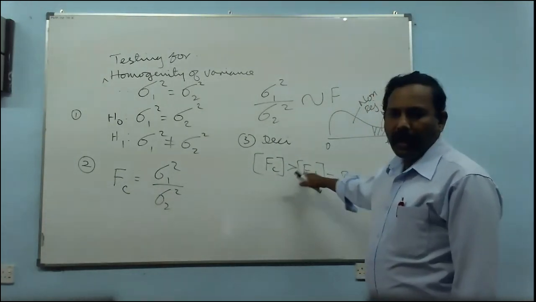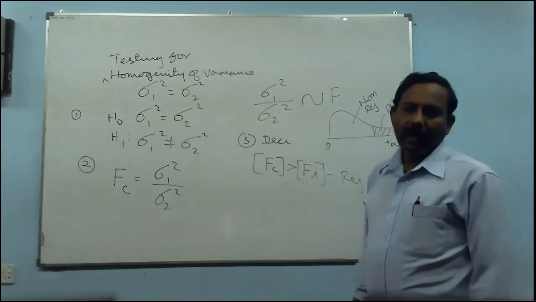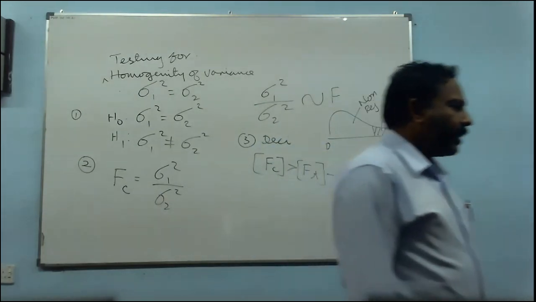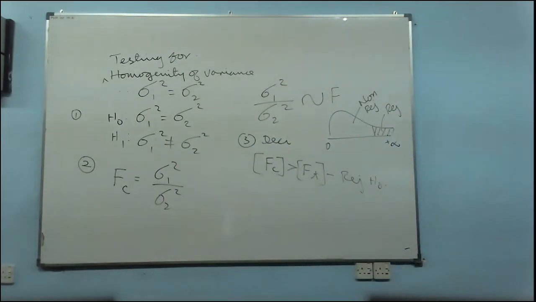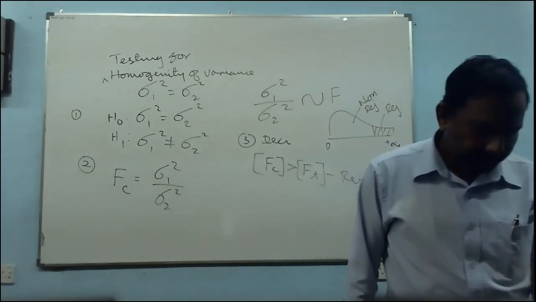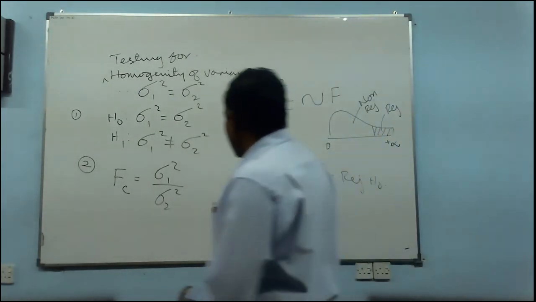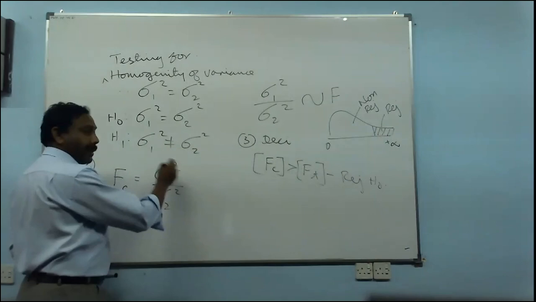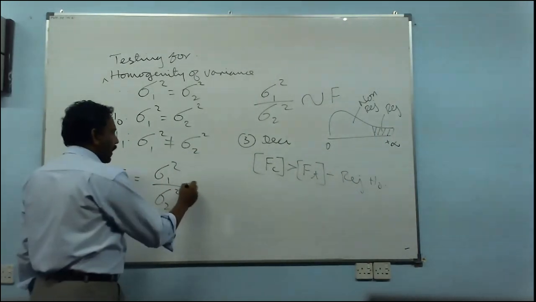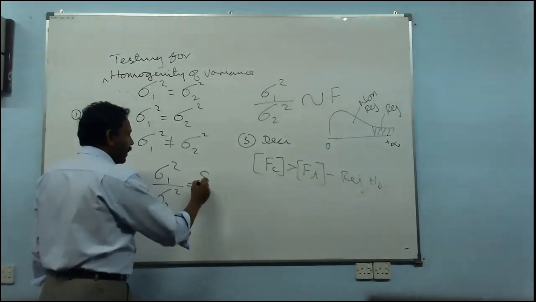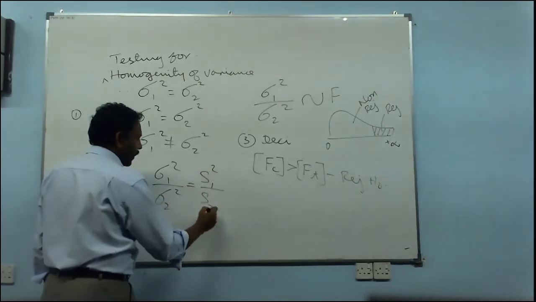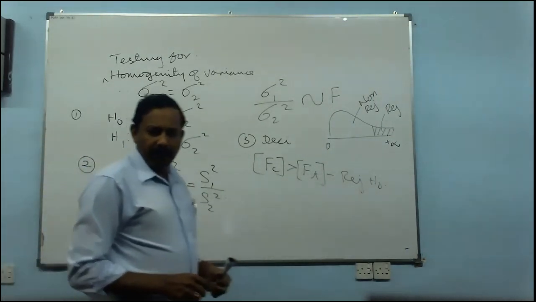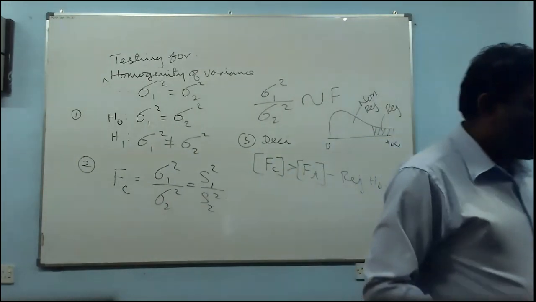So if you reject your null hypothesis, we cannot do it, right? Can we take the same example as we did last time? Here, as you all know, since we don't have sigma 1 square or sigma 2 square, we take the estimate, S1 square divided by S2 square. Now we can refer to the example which we did last week.